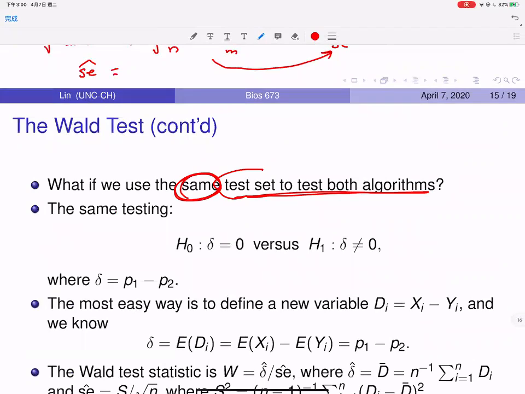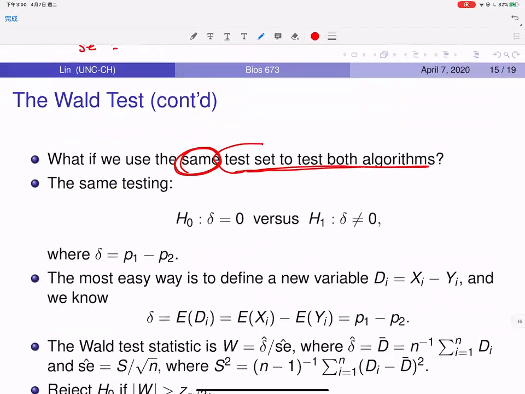So what if you're testing on the same data set? You do have X and Y dealing with the same sample. In that case, they are not independent samples anymore. The easy way to evaluate is to evaluate the same subject.